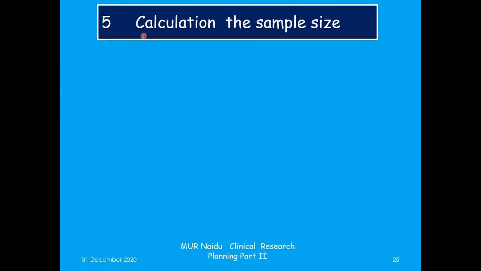Fifth one is calculation of sample size. In clinical research, this is one of the very important aspects, because if you calculate less number of samples, your data will not be valid, or you may be unnecessarily collecting samples which may not be required for the study.